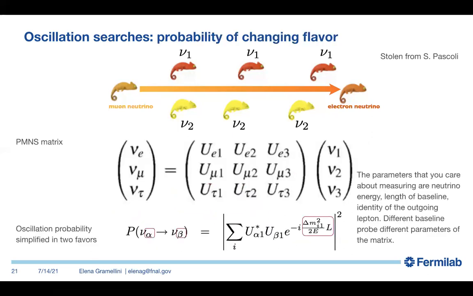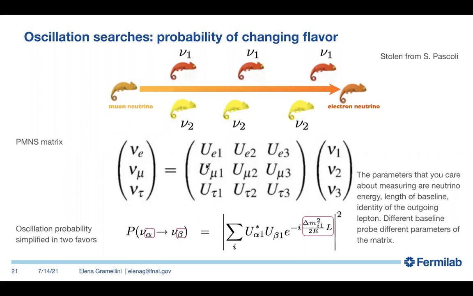Depending on these parameters that are hidden in this matrix, the way that you measure them depends on this L over E parameter. Different baselines and different energies of your neutrino beam probe different parameters of the matrix.